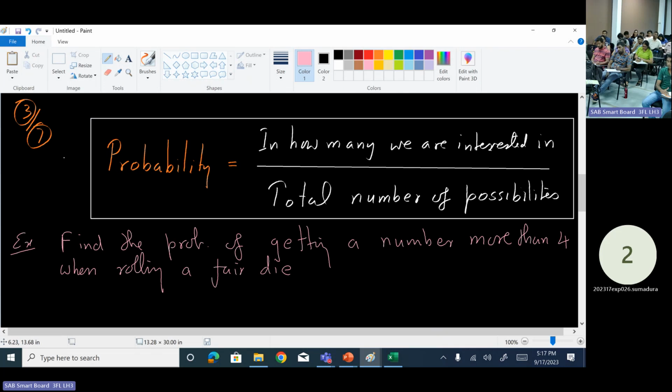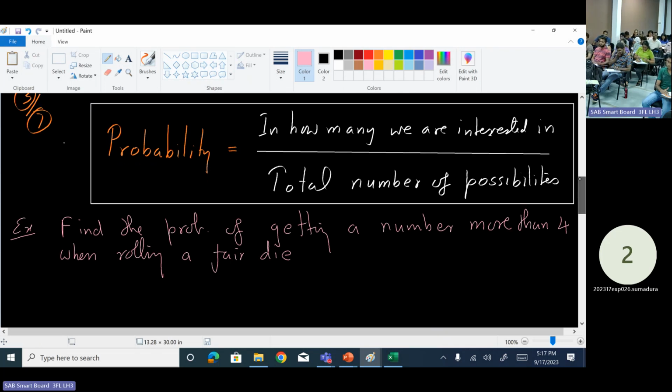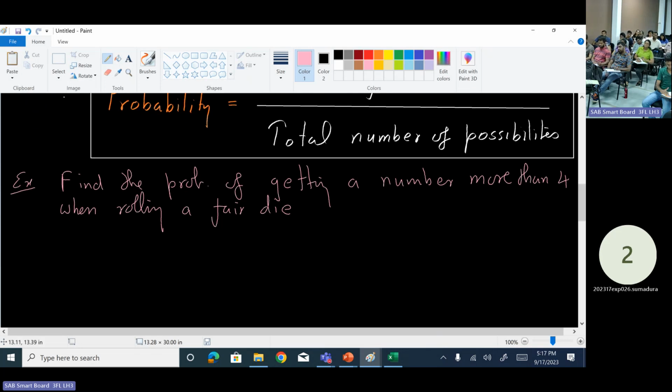So we know when we roll a die, we get 6 possibilities. What are they? We can get number 1, 2, 3, 4, 5, or 6, on a normal ordinary die.